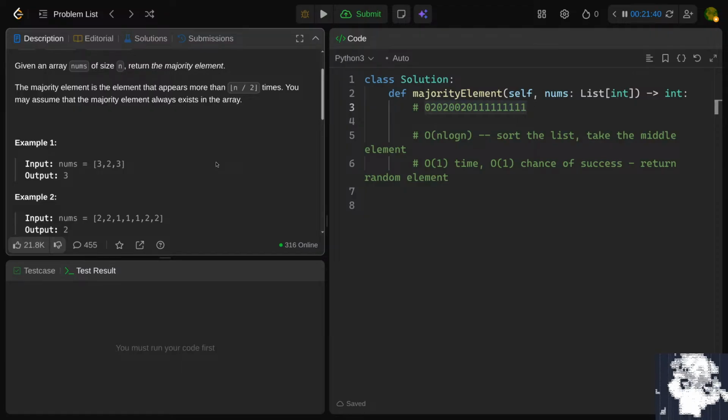I'm trying to think, how would I, if you gave me 1,000,000 digits and asked me what the majority element is, how would I figure it out?